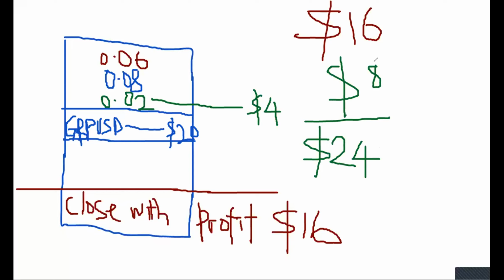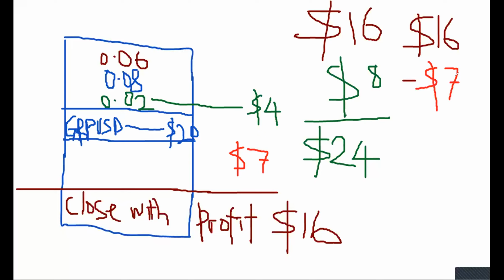Or if, God forbid, this trade goes at a loss of probably $7, you don't have to feel bad because you have already booked some profit: $16 minus $7 gives you $9.